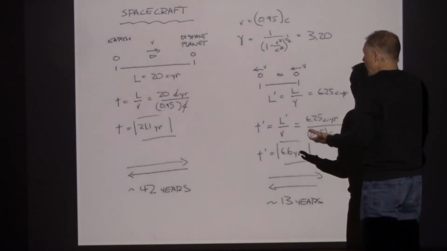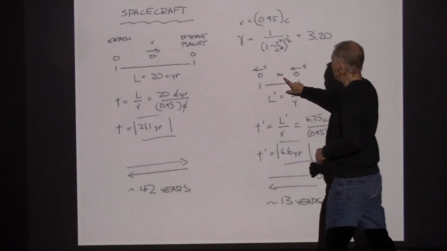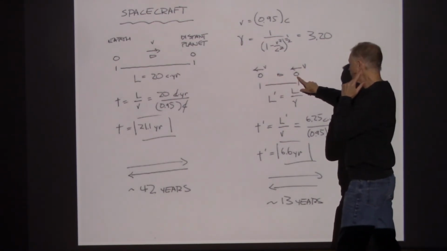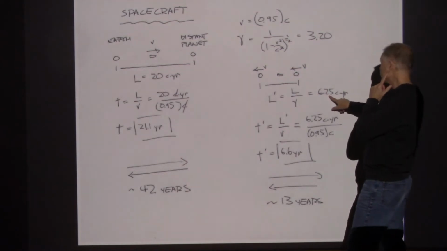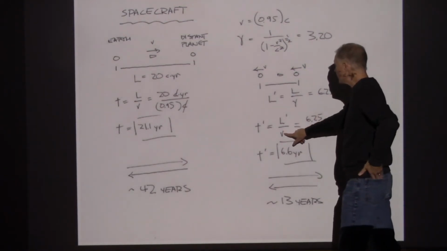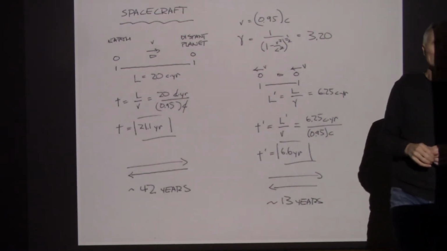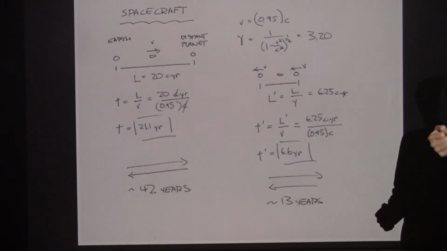Now how much time will pass inside that spacecraft on the way to the distant planet? Well, the distance is 6.25 light years, and remember, we're in the spacecraft's reference frame, so as far as the spacecraft is concerned, they can consider themselves to be at rest.